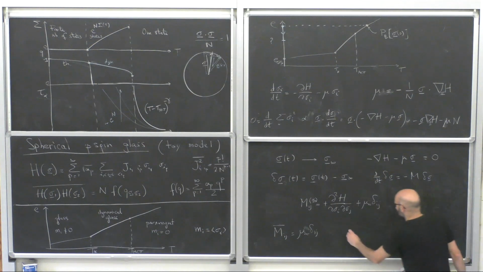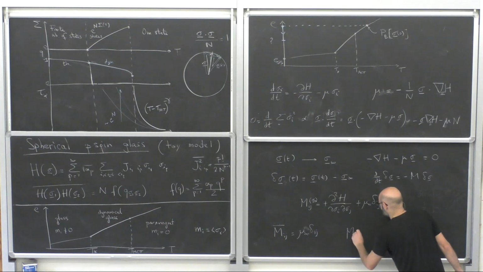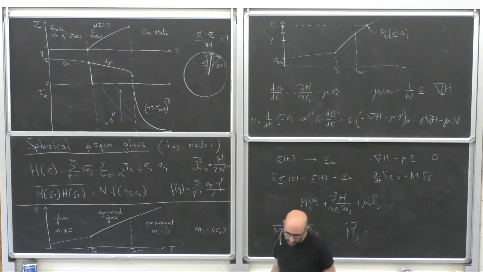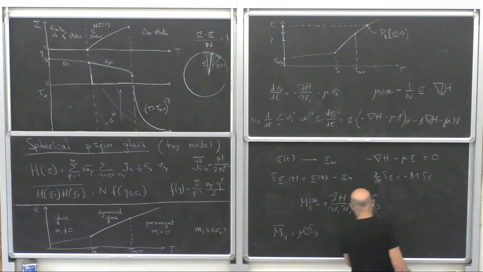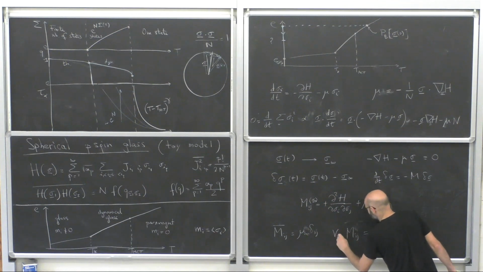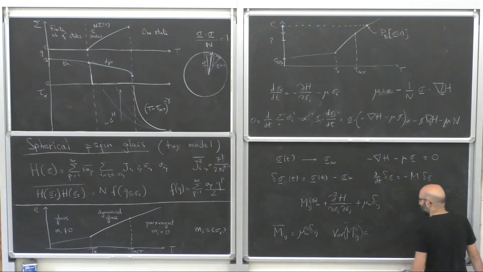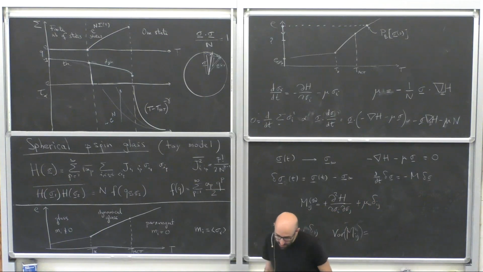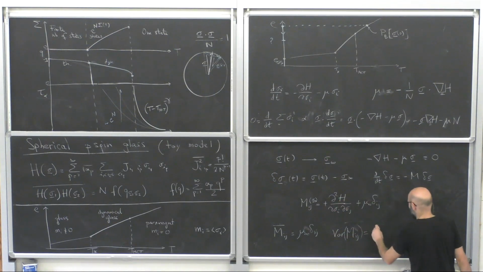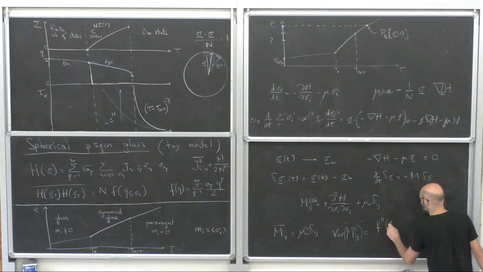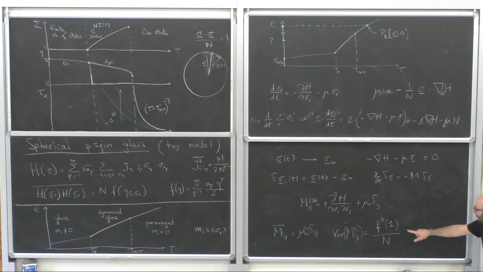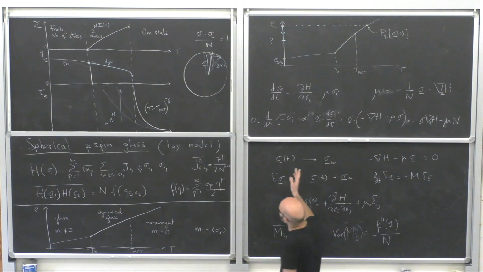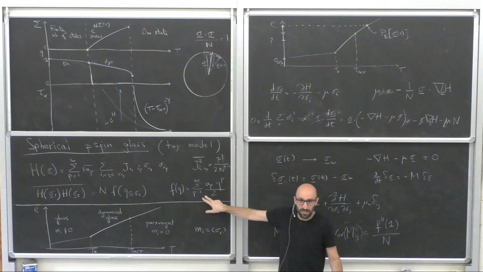And the variance, you have to subtract the mean square. The variance is given by, and you can do it as an exercise, f second of 1 divided by N, where f second is this function, okay?